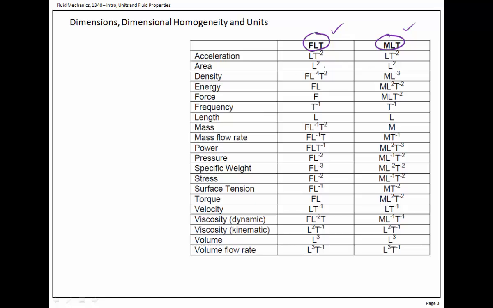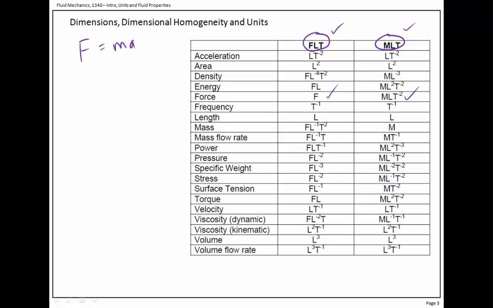So, for instance, in something like force, it's obviously easier to use F. But in the MLT system, we're dealing with mass. We have mass, length, and t to the minus 2. Well, what is that? What's the difference? That's really F equals ma, right?